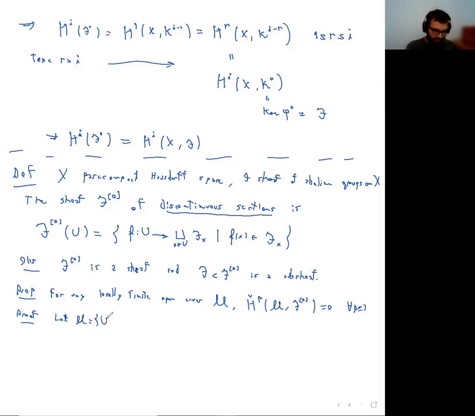Okay, let's take a cover. And we take T alpha, the family of disjoint sets such that X is the union of all of them. Okay, so these are not open. They're not closed either. They're just something, we're just covering the set with these patches, because they need to be disjoint.